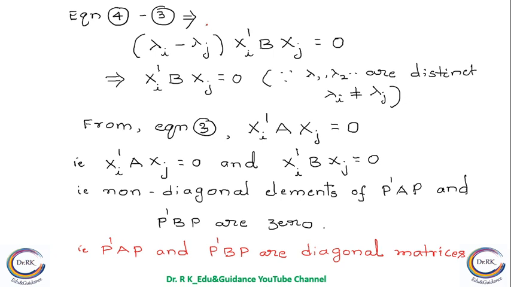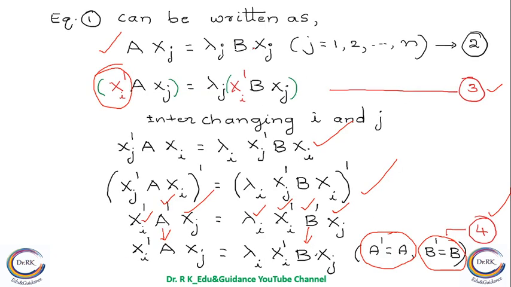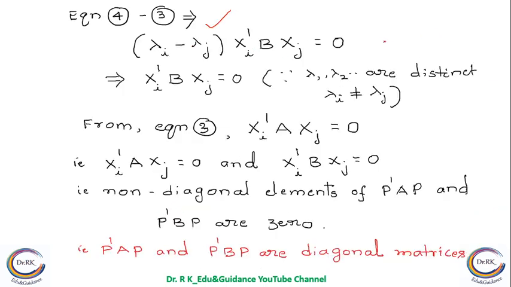Then lambda i minus lambda j times xi transpose B xj equals 0. Now it is clearly given in the statement itself that all these lambda 1, lambda 2, and so on are distinct. They are different. That means lambda i minus lambda j cannot be zero. So therefore xi transpose B xj becomes 0.